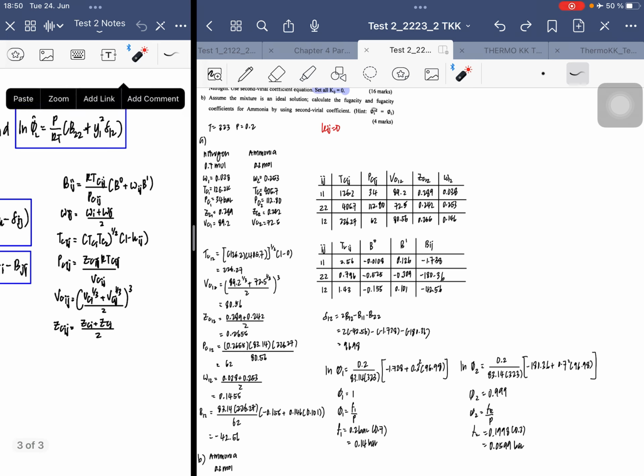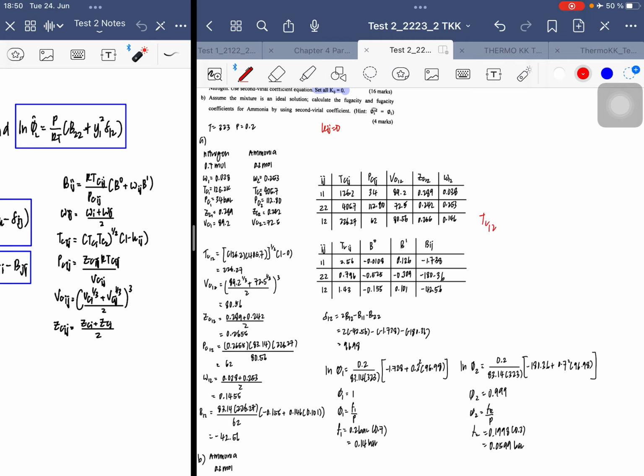Actually, on that note, it's not T over TC, sorry, my bad. You have to use TR12 equals TR1 times TR2 to the power 1 over 2, times 1 minus K12.